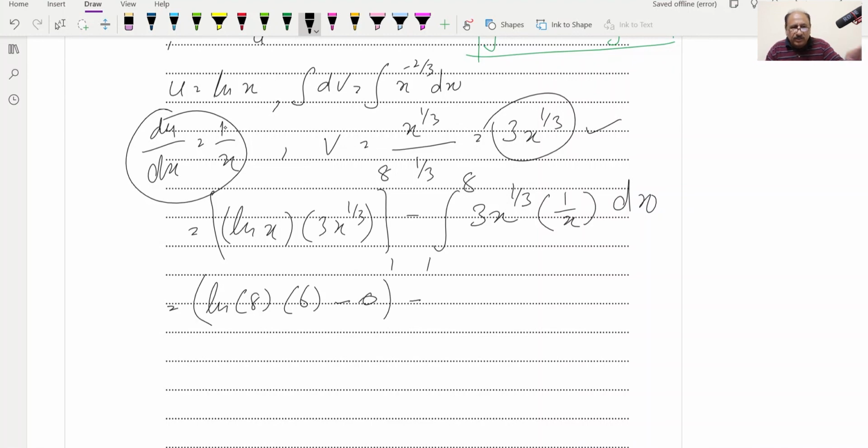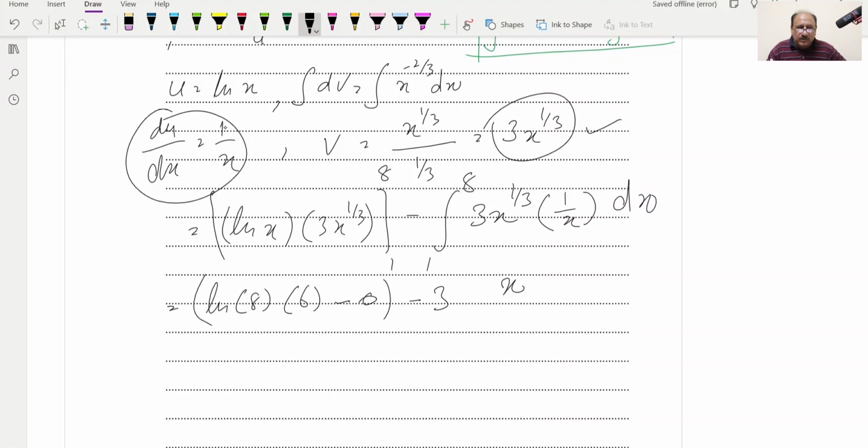Next will be minus 3, which we can write outside, and inside we can write integral of x raised to the power 1 by 3 minus 1.